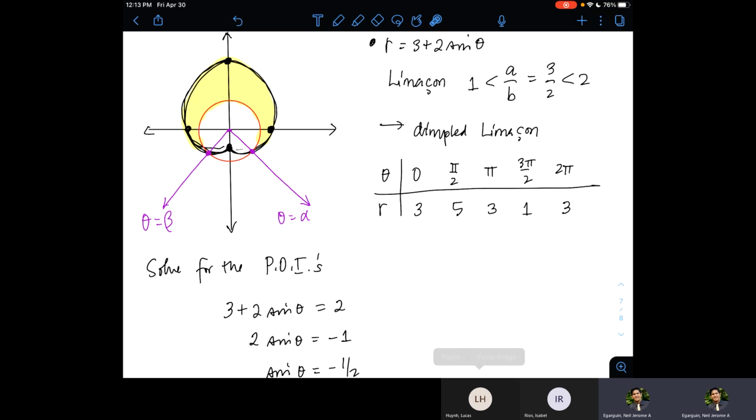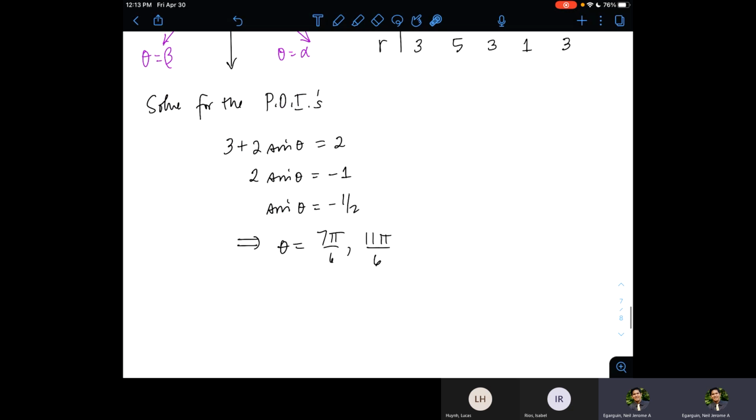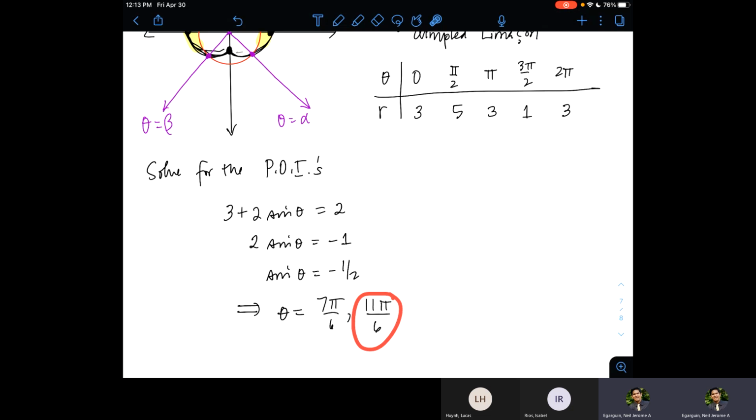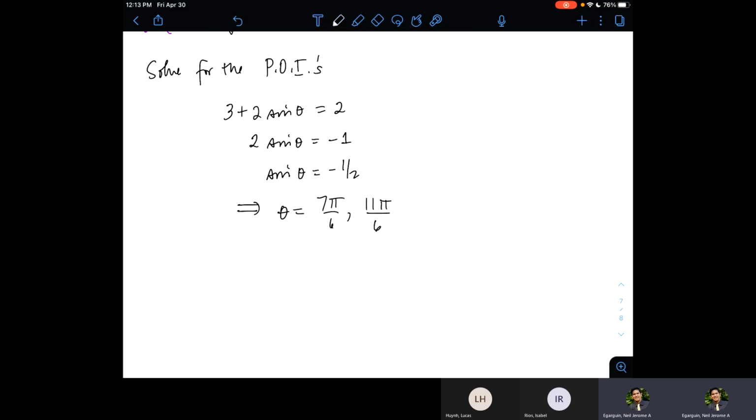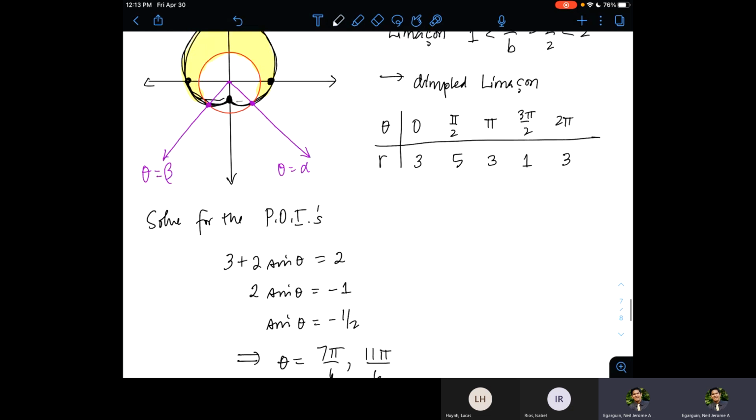All right. Now that means we cannot use theta equals 11 pi over 6, right? Because integrating from 11 pi over 6 to 7 pi over 6, you'll start here, but you'll go in the negative direction, all right? But we can express theta 11 pi over 6 in terms of a negative angle. We can say it's negative pi over 6 instead of 11 pi over 6. Because where is negative pi over 6?